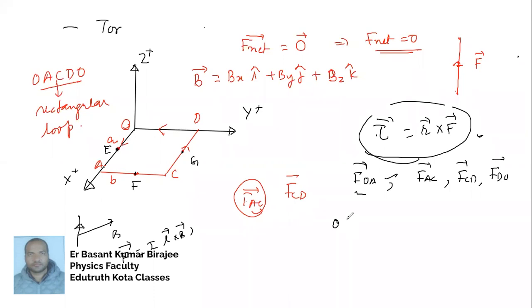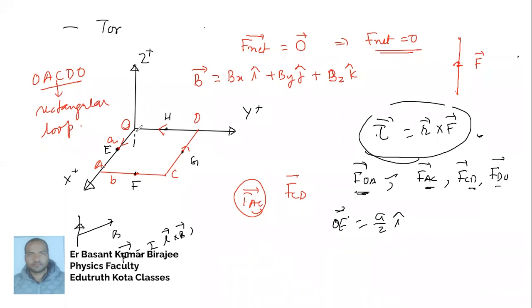So OE will be A by 2, and the unit vector along this direction is I. So we can similarly write the values of OF, OG, and H, the midpoint of your DO side. So first we will find out the individual forces, and then we'll calculate torque due to each force about O, and add them, then we'll get the value of the torque.